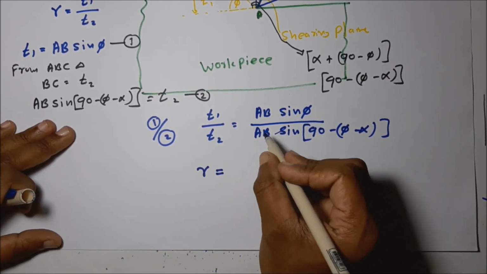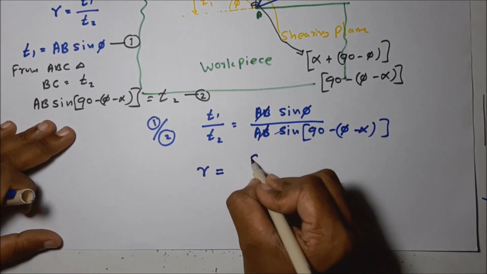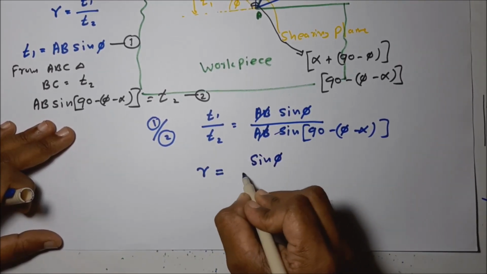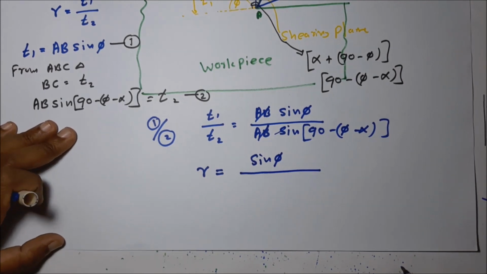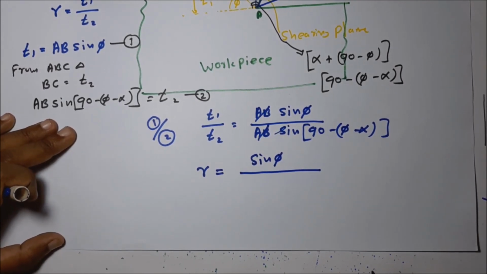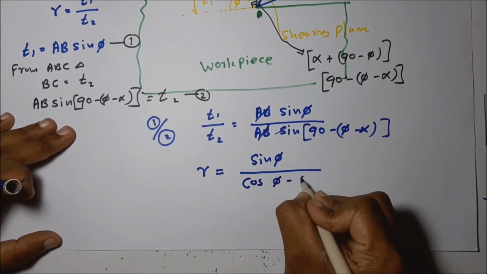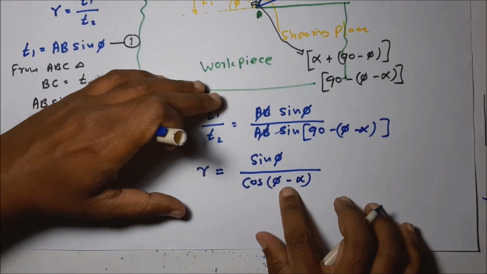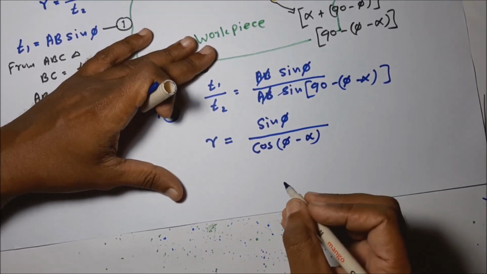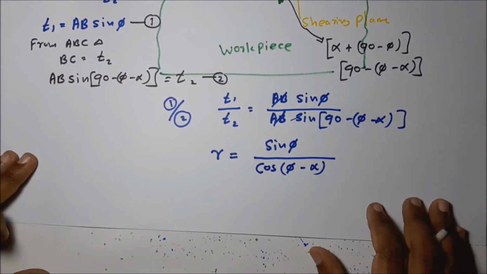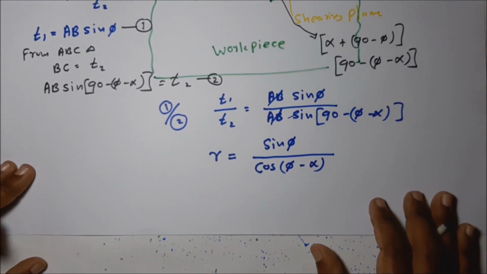The AB cancels, so sine phi divided by sine of 90 minus phi minus alpha. It means cos of phi minus alpha.